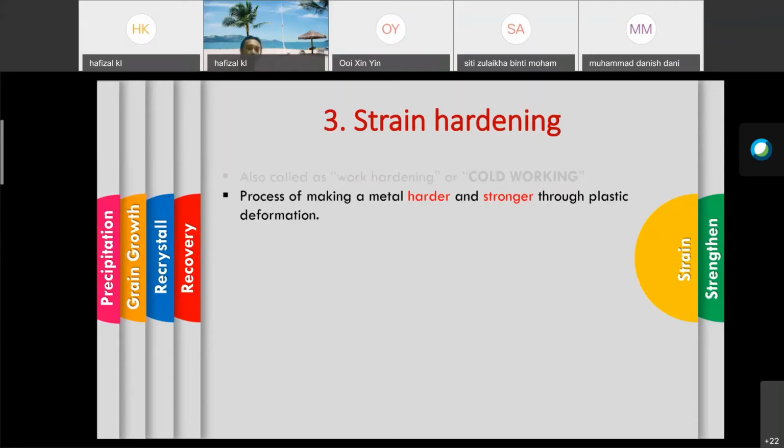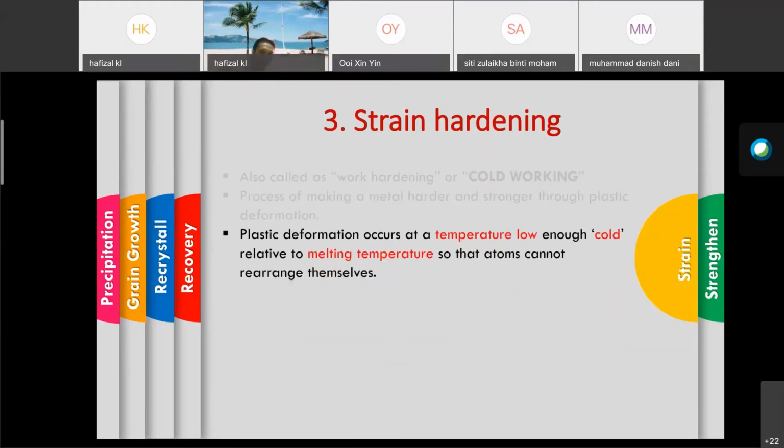Cold working is the process of making a metal harder and stronger through plastic deformation. Mainly the deformation of the material occurs at a temperature low enough compared to the melting temperature of the material, so the atoms cannot rearrange themselves because of the bonding between atoms already established.